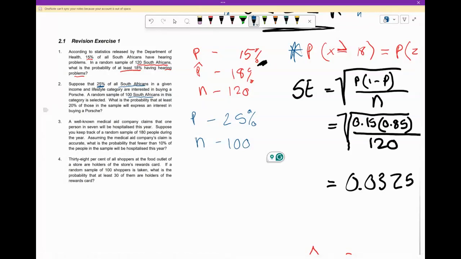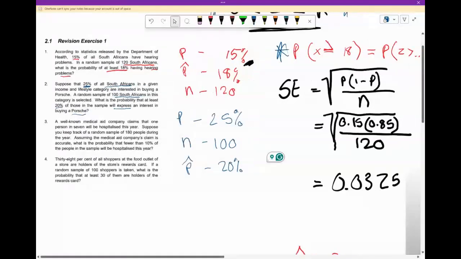What is the probability that at least 20% of those in the sample will express an interest in buying a Porsche? So now we've got our P hat, the proportion for the sample.